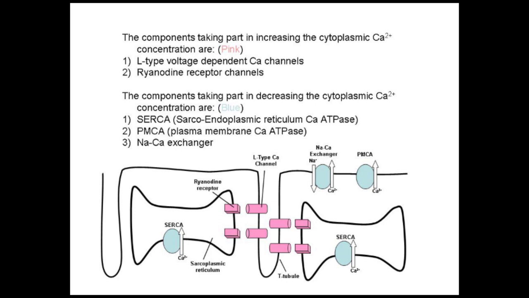The locations of these components are as follows. Actually, this is a schematic representation of the striated cells, the cardiac cells and the skeletal cells. There are small differences between these two types of muscles, but basically the layout is like this. There are endoplasmic reticulum, sarcoplasmic reticulum as it's called in muscle cells, and an invagination of the cellular membrane.